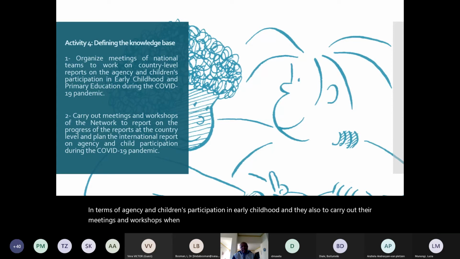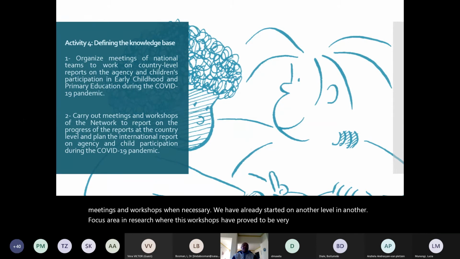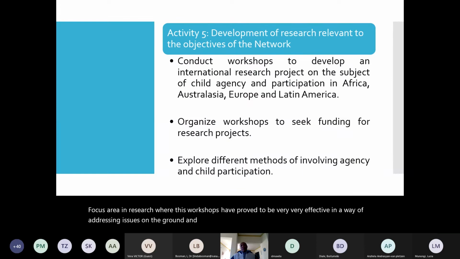We have already started on another level in another focus area in research, where these workshops have proved to be very effective in addressing issues on the ground, and we'll be happy if people can participate.